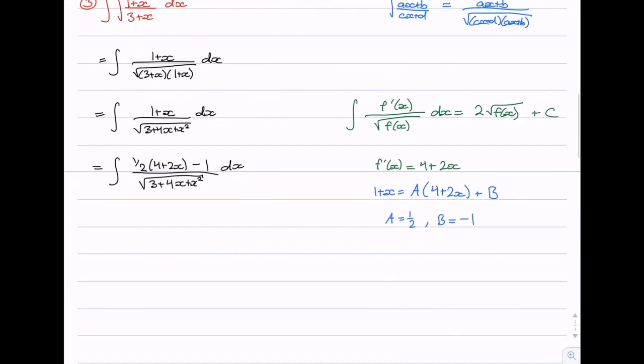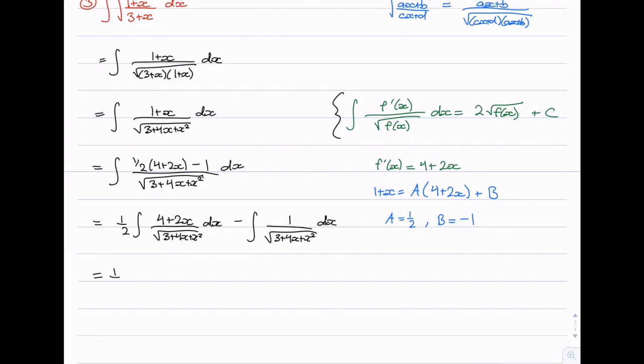So I'm going to take out a half here, so I have a half outside the integral of 4 plus 2x divided by the square root of 3 plus 4x plus x squared. And now this is exactly in the form right here, so we know exactly what that's going to equal. Minus the integral of 1 divided by the square root of 3 plus 4x plus x squared dx.